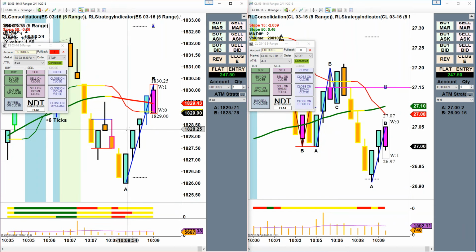Sell it down close. Order filled. Target filled. We're out for second target filled.